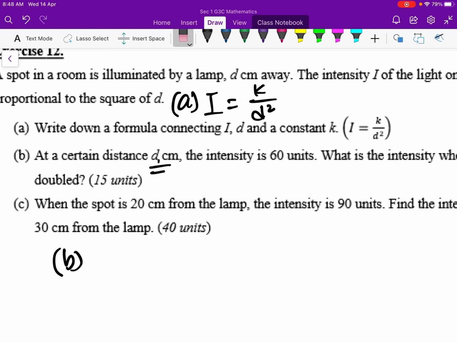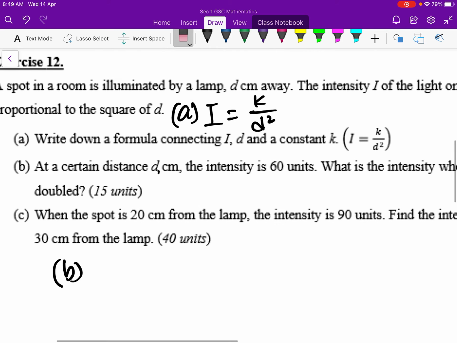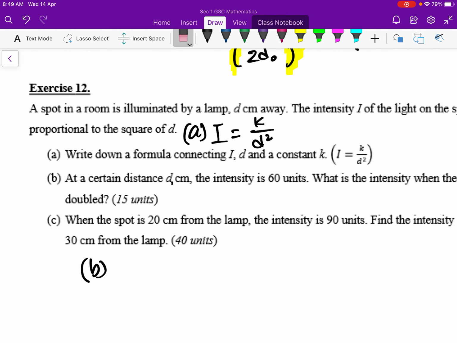Okay, please change this to at a certain distance d1, because they cannot say at a certain distance d when the formula itself is already d. So d is supposed to be a variable. Then now when they say a certain distance d, it should be d1. Okay, so I can call it DO or d something.